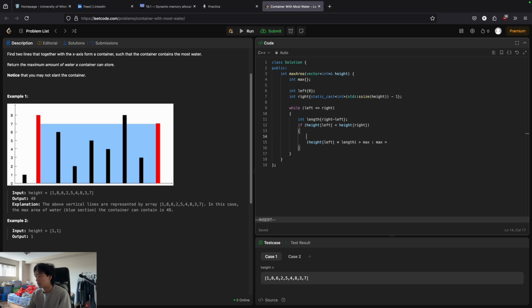Calc would be on the height left times the length. What is that max do calc? Nothing else.